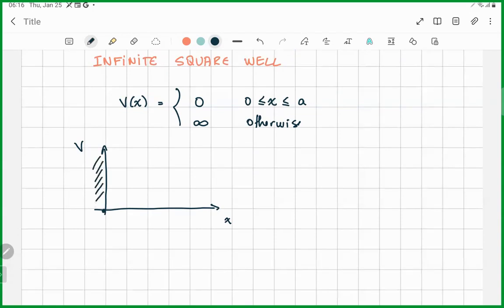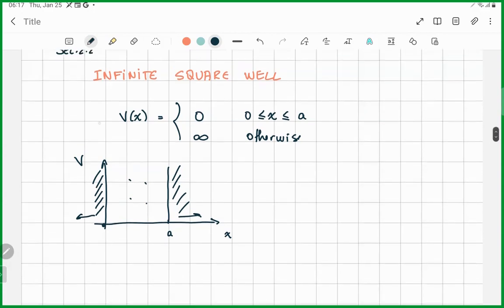Right at A and above A, there is an infinite wall. So the particle can never be in these regions because there is an infinite barrier there. The particle can only be found somewhere inside this infinite square well.